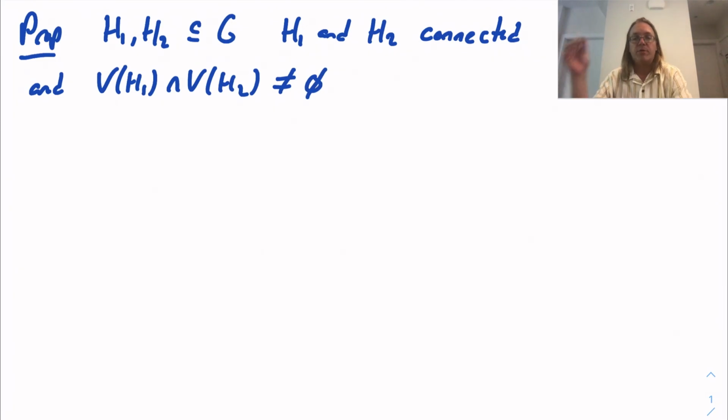If that's your setup, you have two subgraphs H1 and H2 of a graph G, they are individually connected, and they overlap and share a vertex. Then, in fact, what's going to be true is that the union of those two subgraphs is also a connected subgraph of G.